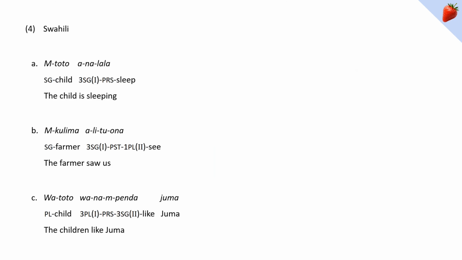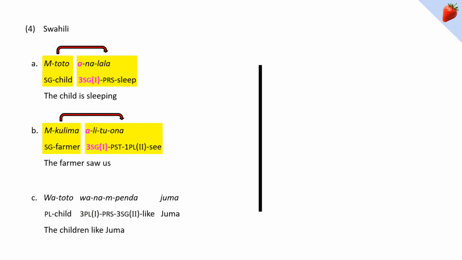What do you notice? In 4a, we see the verb take an inflection from set 1 to agree with its S argument, the child, and in b, we see the verb take a set 1 inflection to agree with its A argument, the farmer. Thus, in Swahili, it seems that verbs use set 1 inflections to agree both with S arguments and with A arguments.